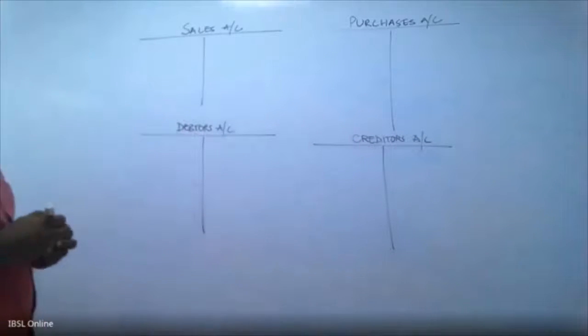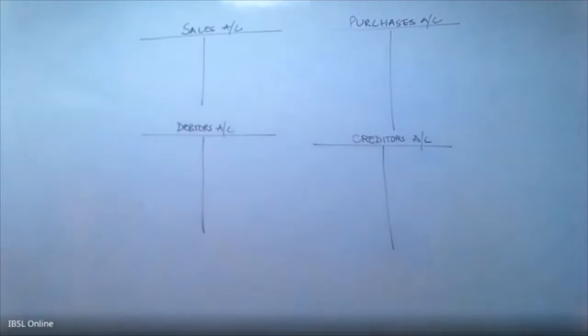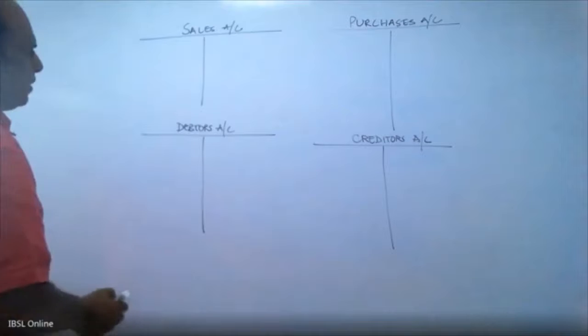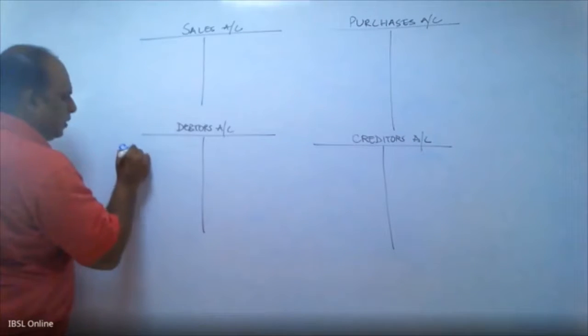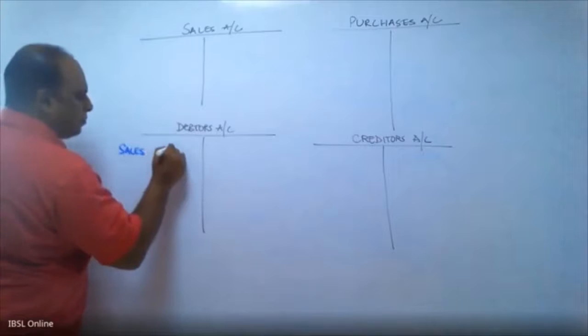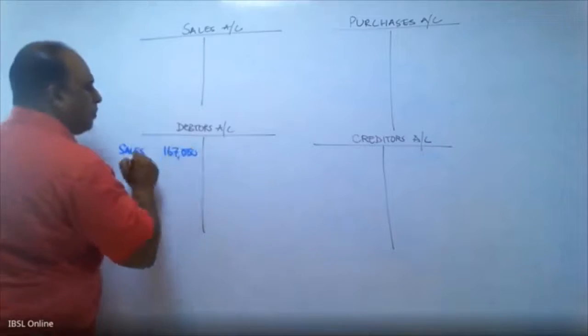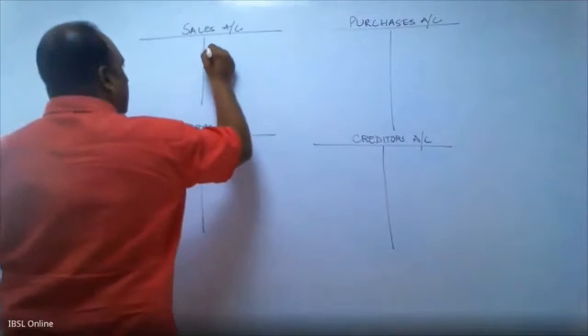Now what happened initially? There was a sale. The total sales was 167,000. So I will debit debtors account, credit sales account.